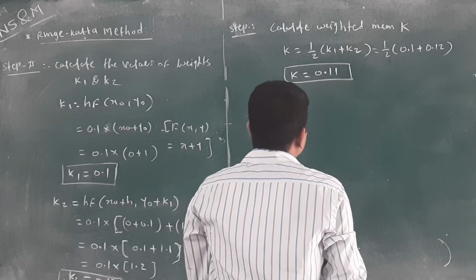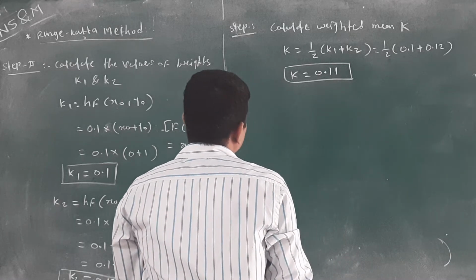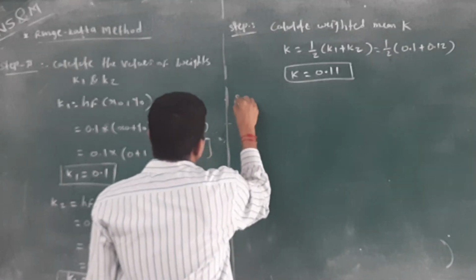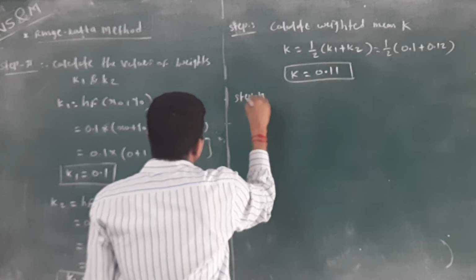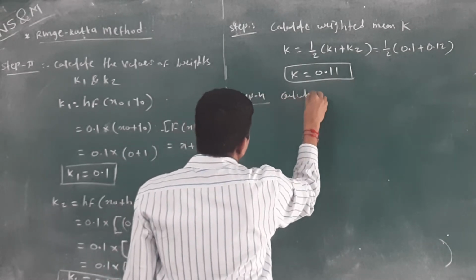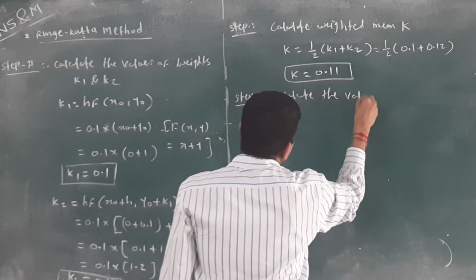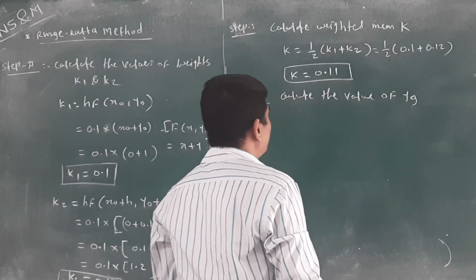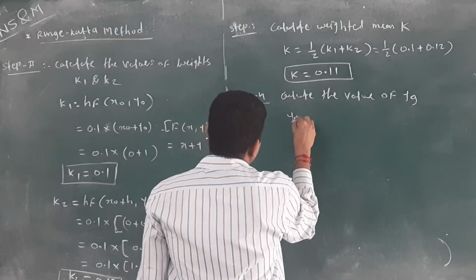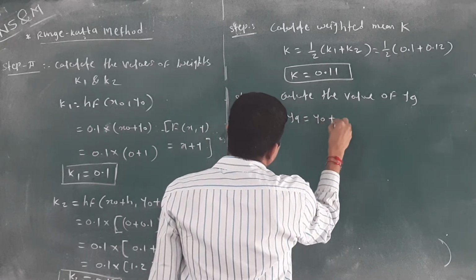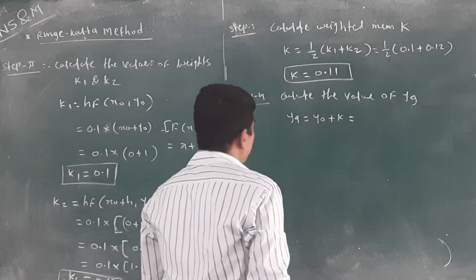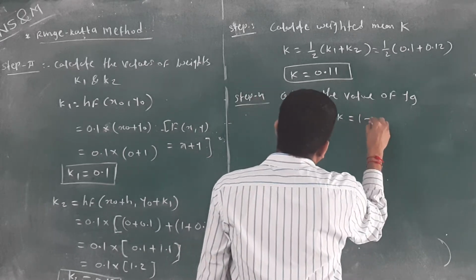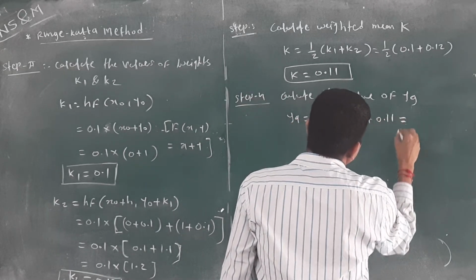Once you have calculated the weighted mean or K value, then we want to calculate the value of yg. Next, step number 4, calculate the value of yg, or we can say y1. You know how to calculate: yg is equal to y0 plus K. What is the value of y0? We know that y0 is 1, and what is the value of K? 0.11.